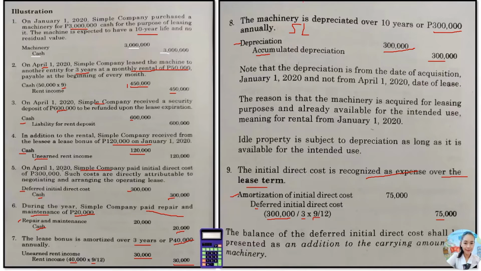So 300,000 divided by 3 times 9/12, that's why we have 75,000. Alright.